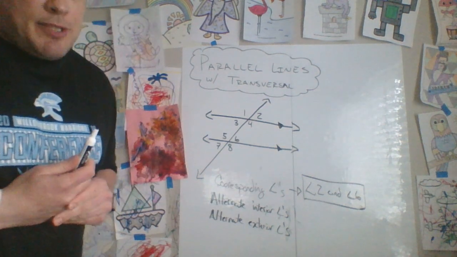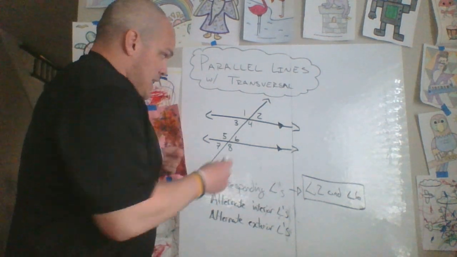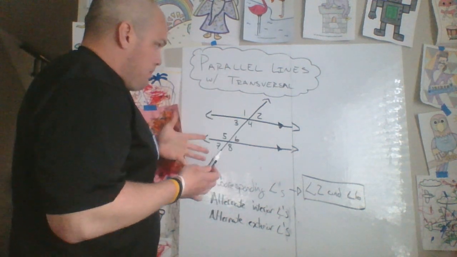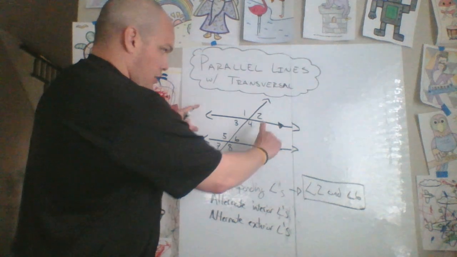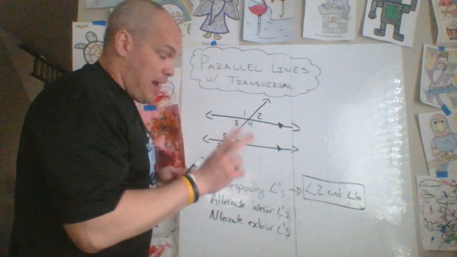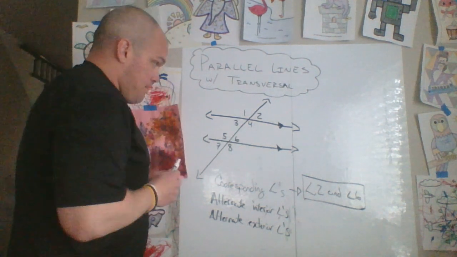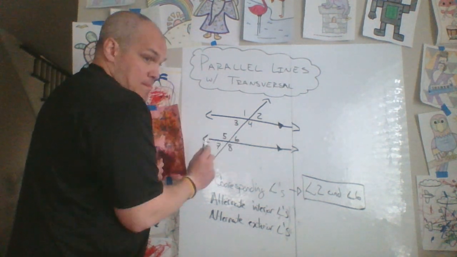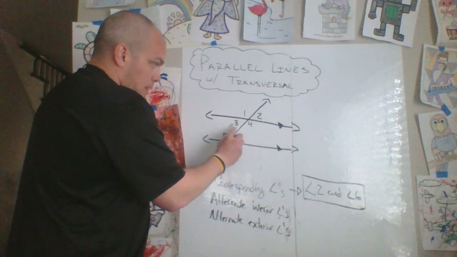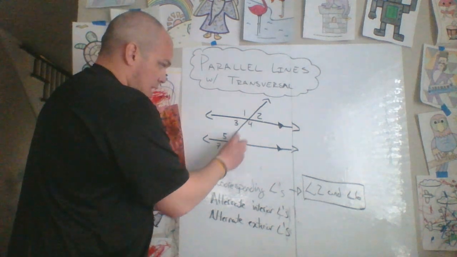Alternate interior angles. We need to look at the interior angles that are created here. Interior is going to be in between the 2 parallel lines. So my interior angles are 3, 4, 5, and 6. Alternate interior, if I'm looking at angle 3, in this grouping, it's the other side of that transversal.